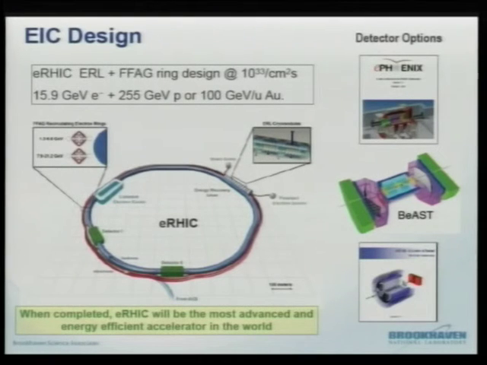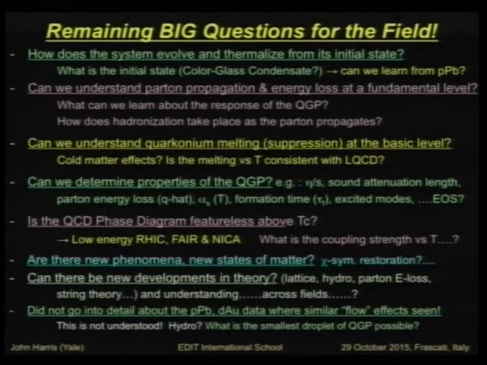Ideally, it'd be great if you could put them together, but they're 1,000 miles apart. RHIC has the heavy ion machine and would have to figure out a way, and they have various schemes, and I have to say these schemes have changed over the last couple of years. This is the latest, but in any case, they would build an electron machine to inject and have collisions with the RHIC beam.